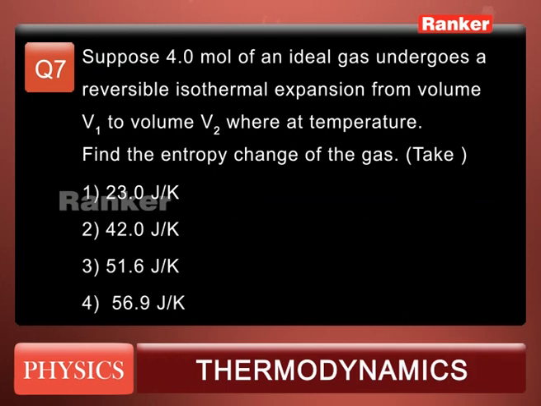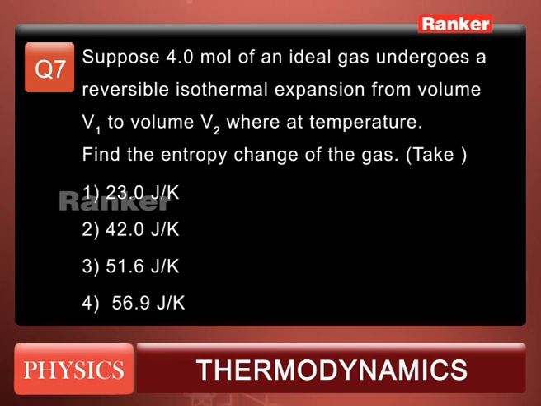Question number 7. Suppose 4 moles of an ideal gas undergoes a reversible isothermal expansion from volume V1 to volume V2, at temperature T. Find the entropy change of the gas. Entropy change is written as change in heat per unit temperature.